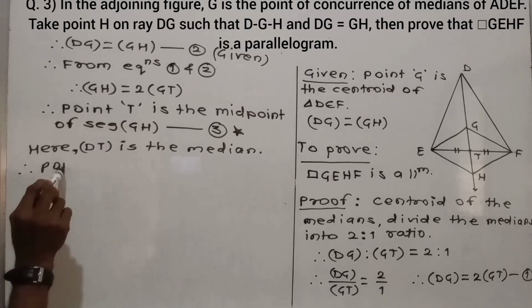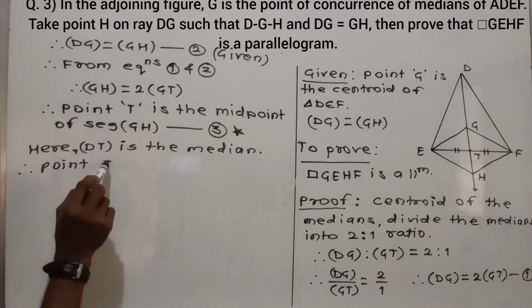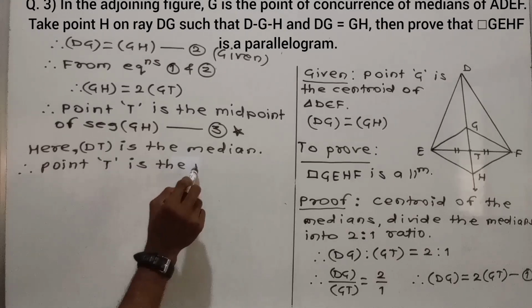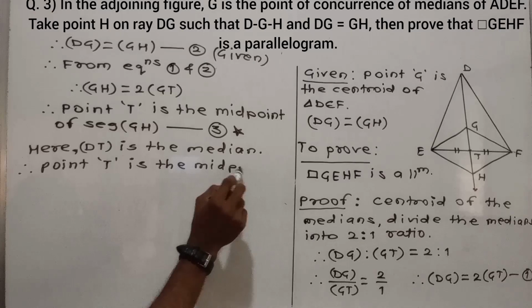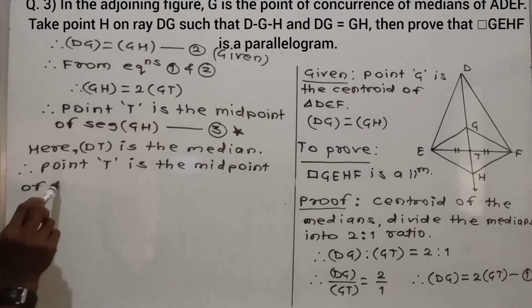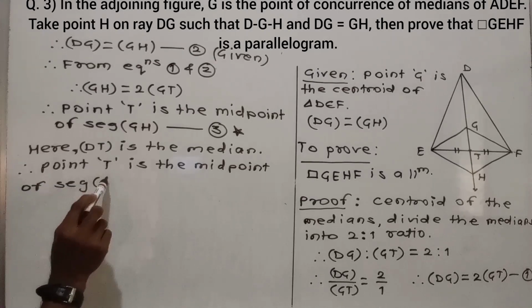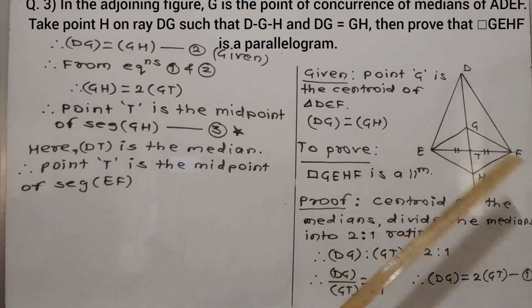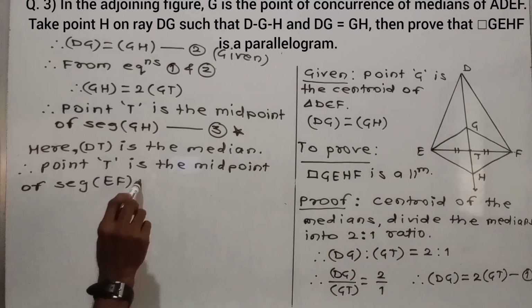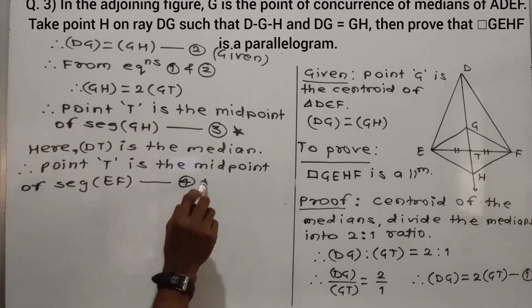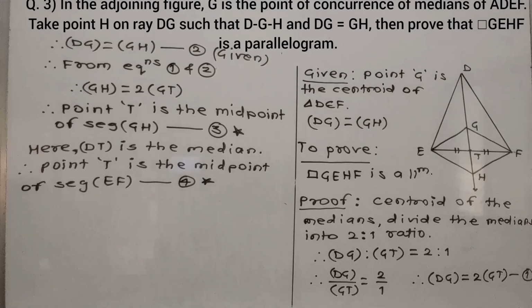Therefore, T is the midpoint of segment EF. This is our important equation number 4.